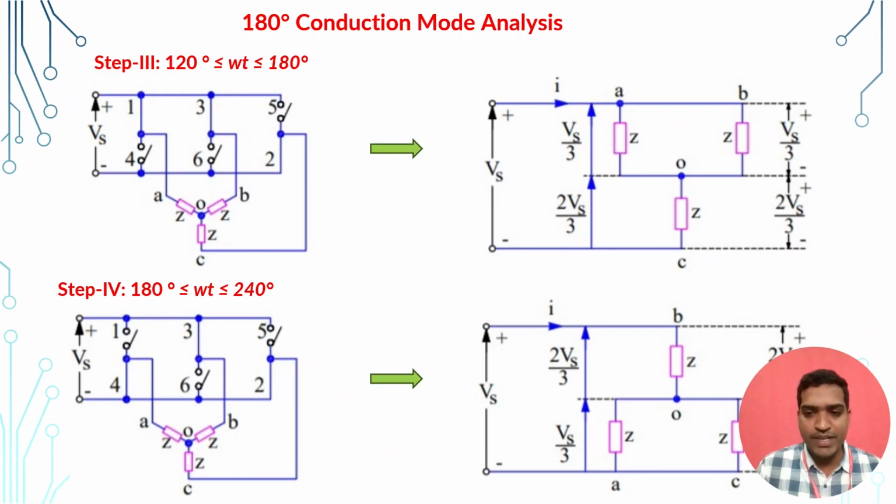Coming to VB0, you can get 2Vs by 3, and V0A is equal to V0C, you can get as Vs by 3 voltage. In that fashion you can calculate the remaining intervals also, that is 240 to 300 degrees as well as 300 to 360 degrees. Then you can find the same phase voltages across each phase.